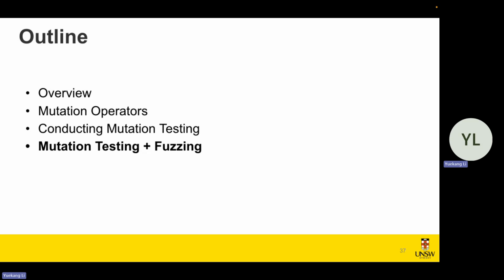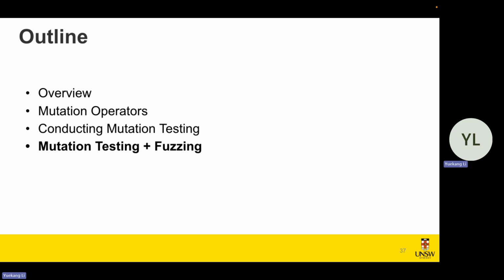As for conducting mutation testing, we first select a number of mutation operators that are suitable for our target program. Then we apply these mutation operators to create mutants. Normally, one mutation operator applied returns one mutant. Once we have the mutants, we run all the tests against all the mutants and the original program.